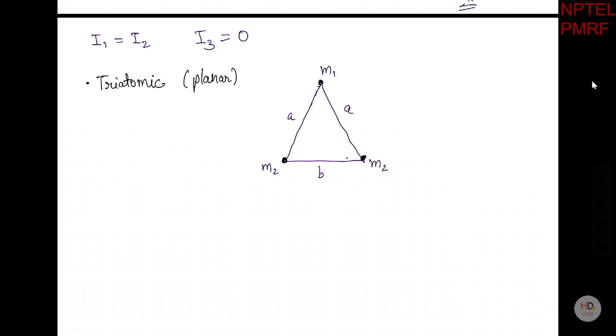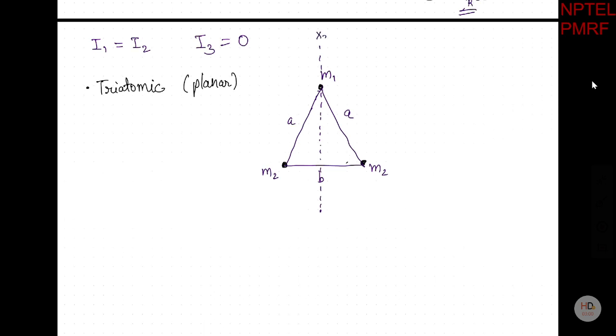Okay, and we want to calculate the principal axes and, sorry, the components of I. So obviously it also has got symmetry about this axis. Let's call it x3. Okay, and the center of mass would be on this line.